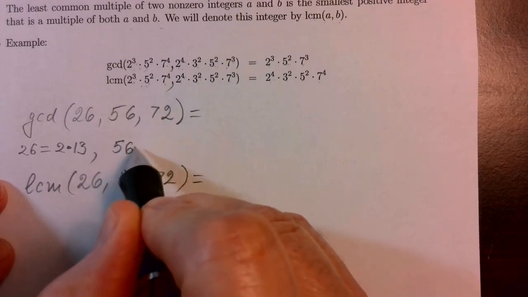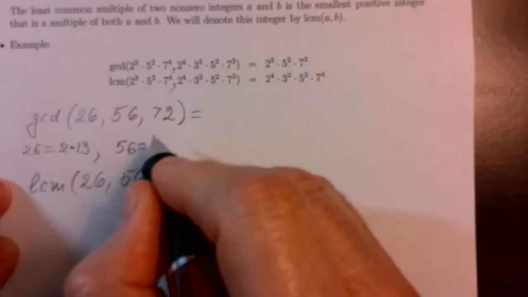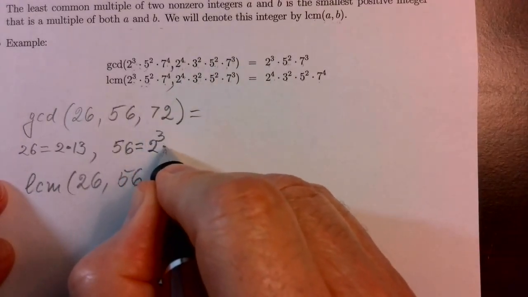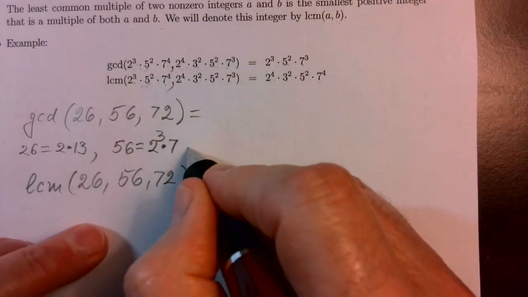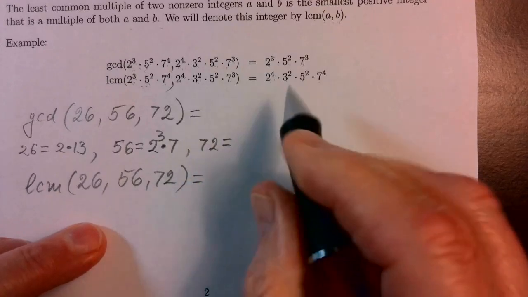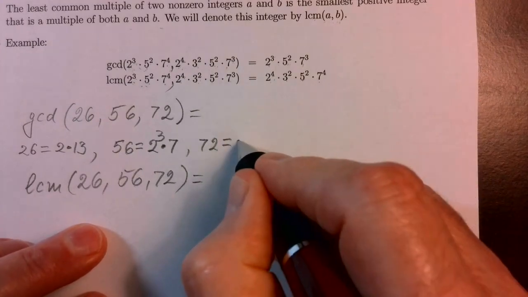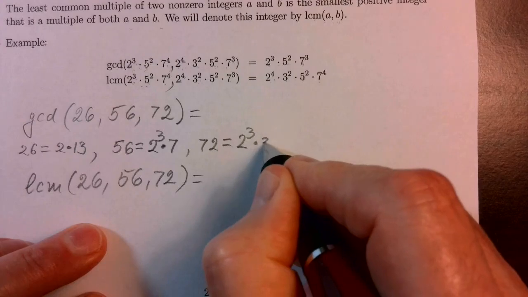56 is 8 times 7, and 8 is 2 cubed. So 2 cubed times 7. And 72 is 8 times 9. 8 is 2 cubed, and 9 is 3 squared.